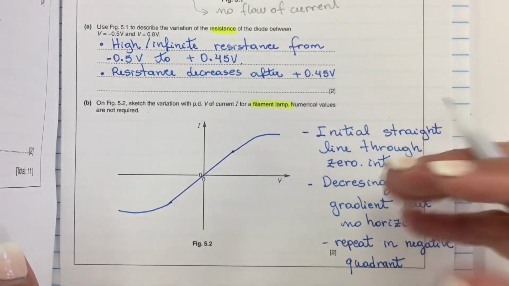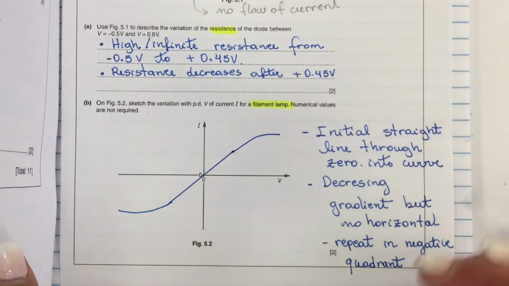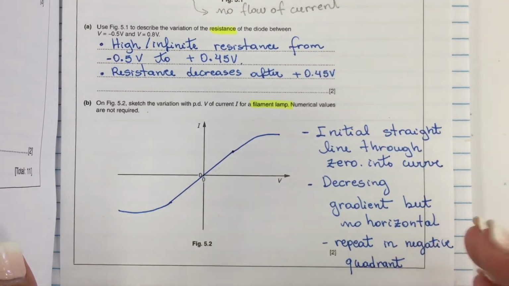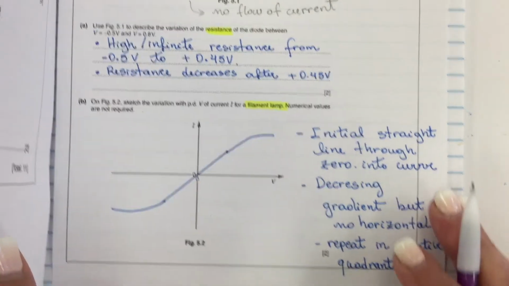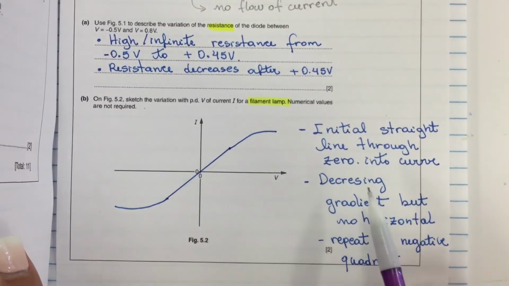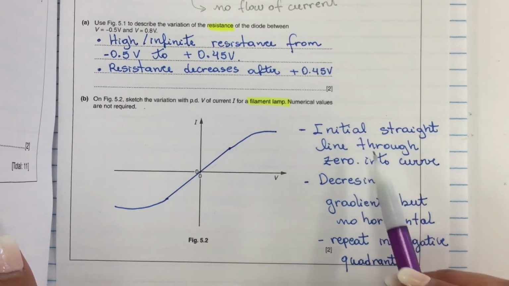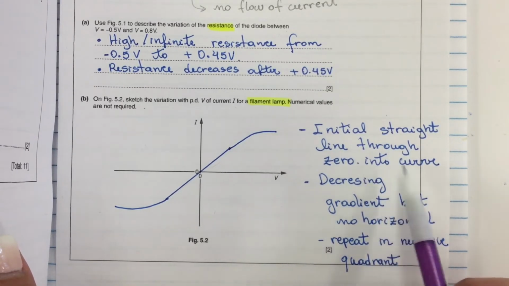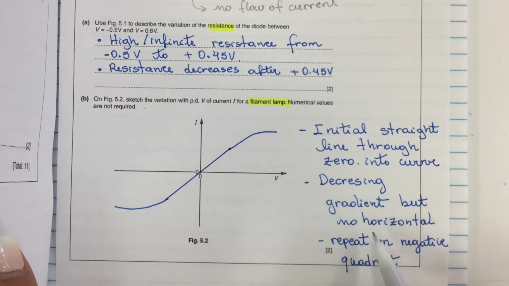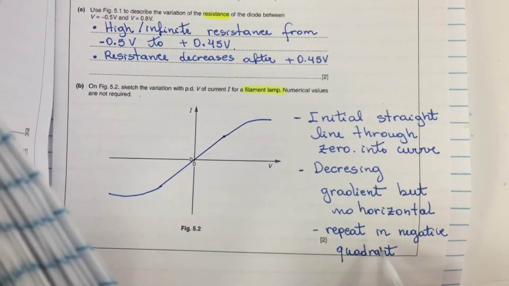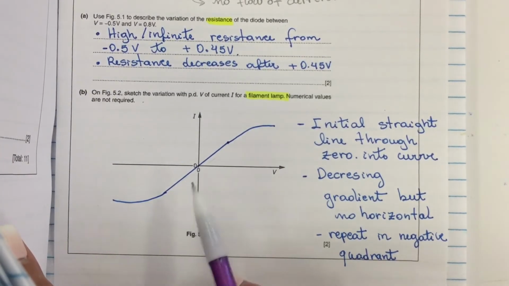As the filament gets warmer or hotter, it is no longer proportional. So one thing you can say here is the initial straight line through 0 into a curve of decreasing gradient but not horizontal, and repeat in the negative quadrant.